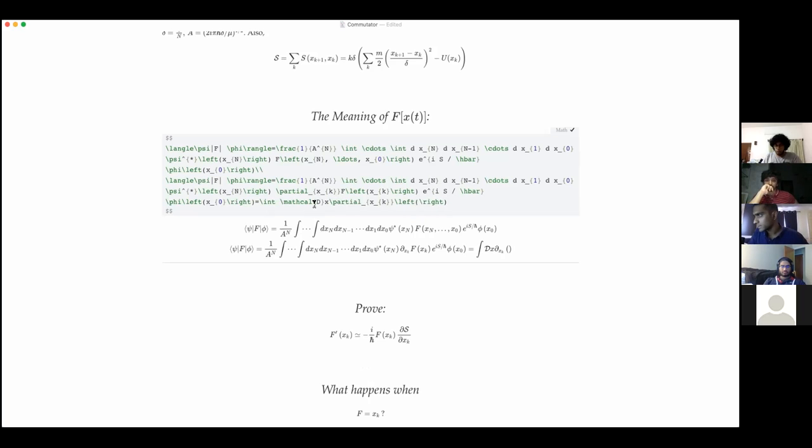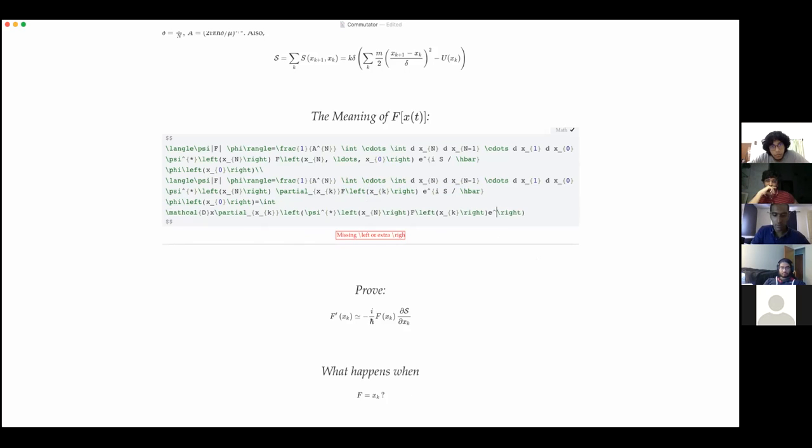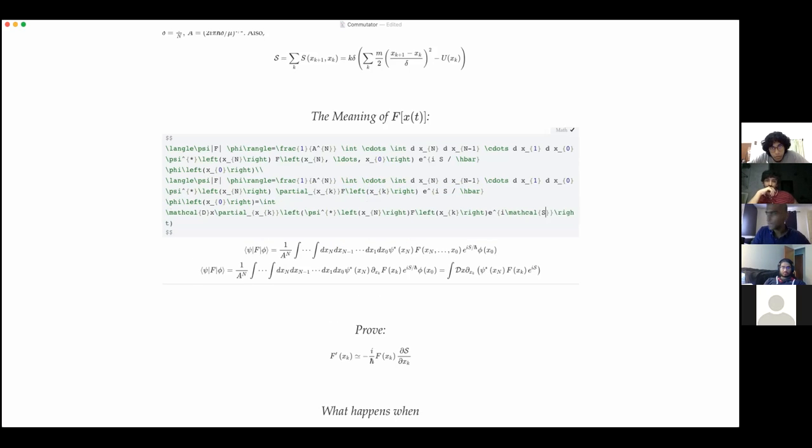Times all of our players here. So what do we have? We have psi star of x_n. We have f. We have e to the i mathcal S. And then we have our phi. This is a 0, but then we have some other term.